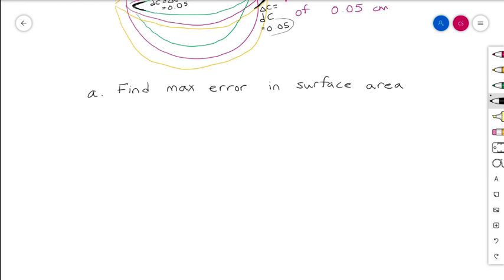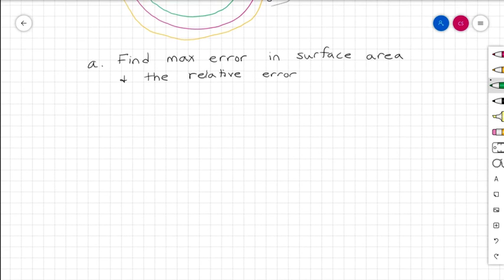And then we want to find something called the relative error, which I'll define in just a little bit. The relative error.